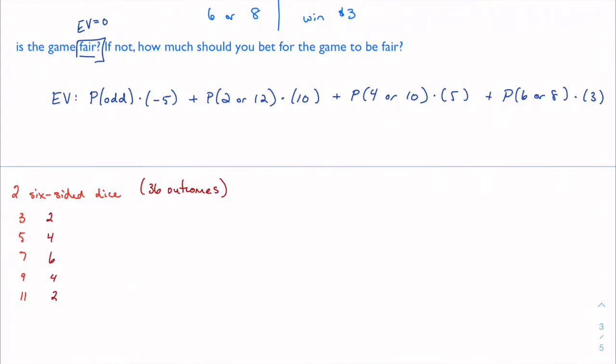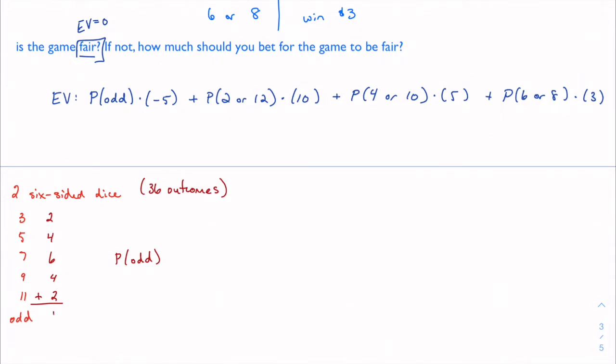Now, if I want the probability of rolling any odd number, that's like saying the probability of rolling a 3 or a 5 or a 7 or a 9 or an 11. And what we learned in the last video is that if you have an or statement, you're going to add all of my outcomes up, right? So the number of odd outcomes from rolling 2 6-sided dice are 2 and 4, 6, 12, 16, 18.